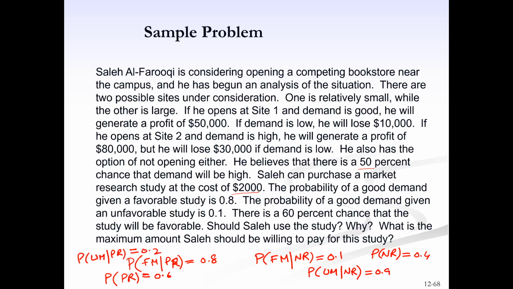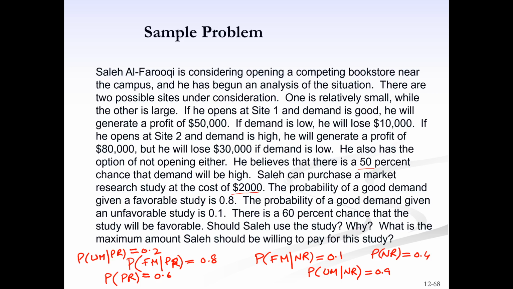Now we have all the probabilities. As you can see over here, we don't have to do the revised probabilities in this problem. Why? Because we already have probability of favorable market given that positive report is there, and probability of unfavorable market given a negative report is there.